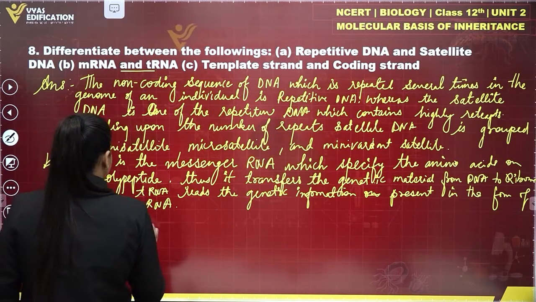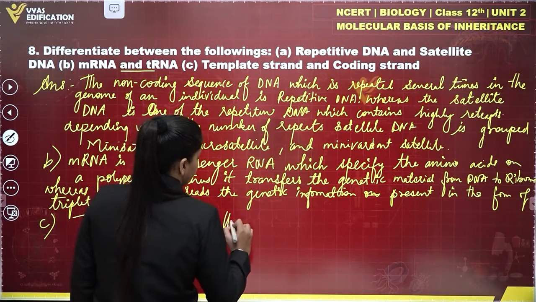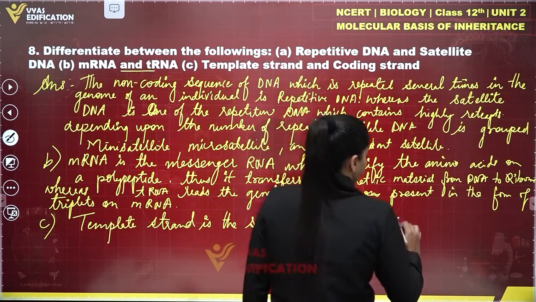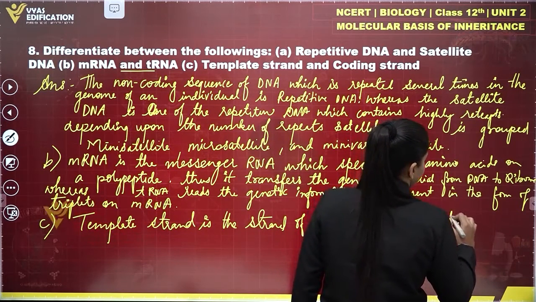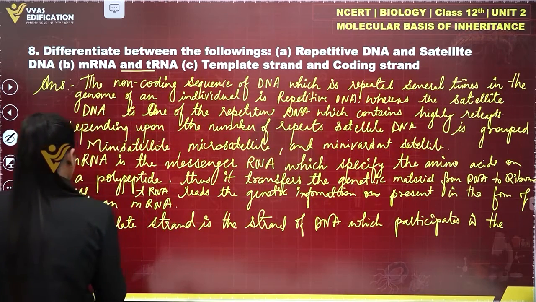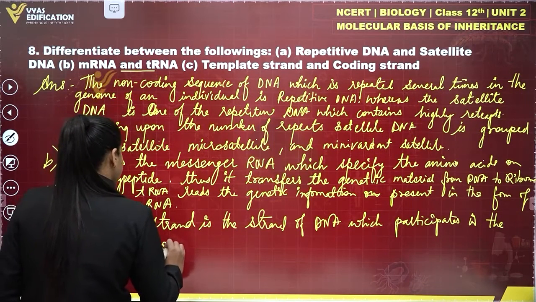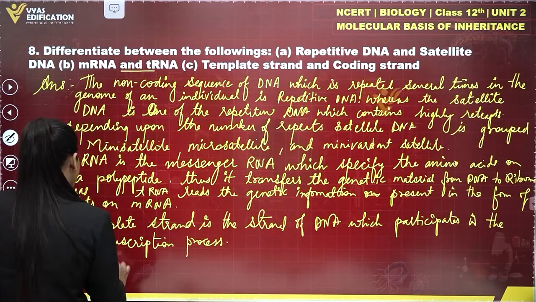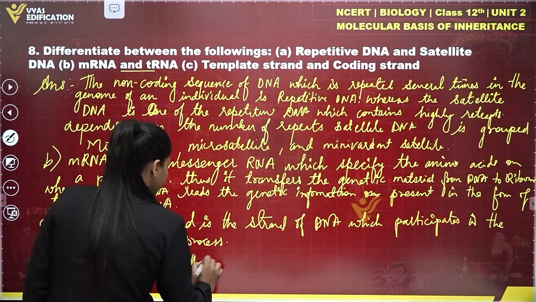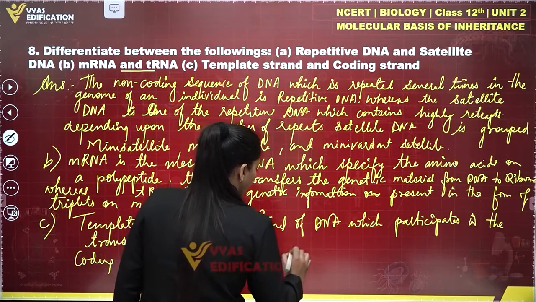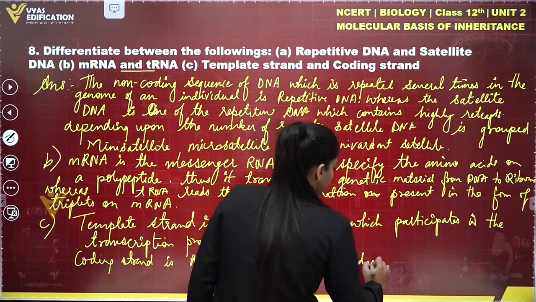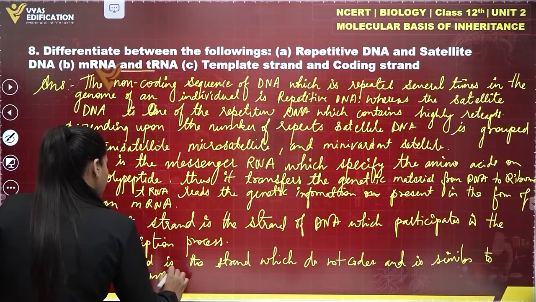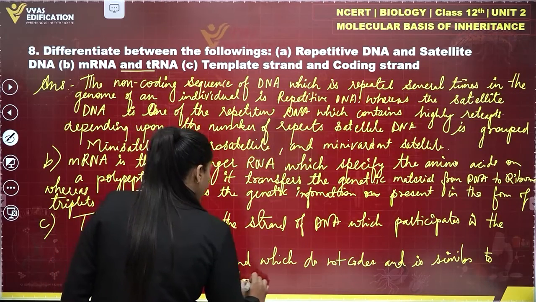Template strand is the strand of DNA which participates in the transcription process, that is formation of mRNA from DNA, whereas the coding strand is the strand which does not code for anything, and is similar to mRNA except for uracil.